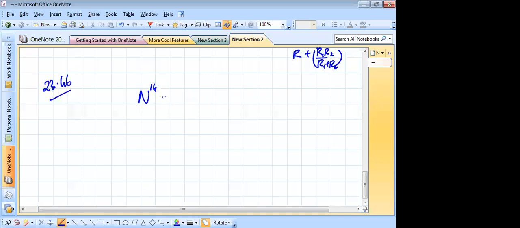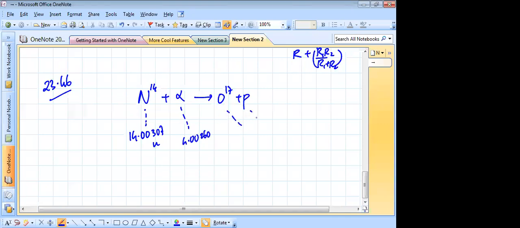23.46. This one, N14 plus alpha gives O17 plus p. So इसमें this one's mass is 14.00307 atomic mass units. This one's mass, alpha particle is the helium nucleus, so it is 4.00260.